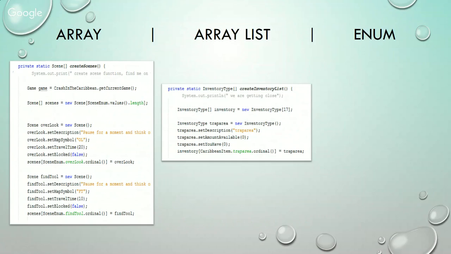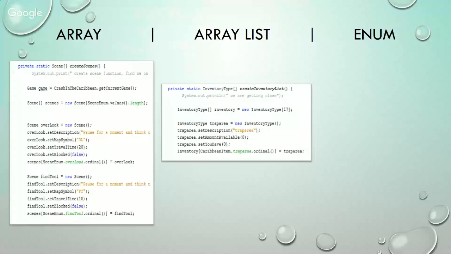In our game, we use an array list for the inventory because we need to add or remove items during the game, and the items are all of different data types, like weapons or tools, etc. So we chose an array list because it was the best fit according to our needs.